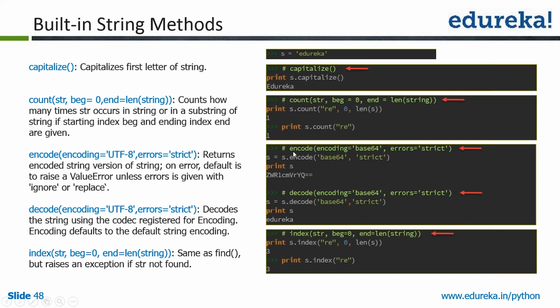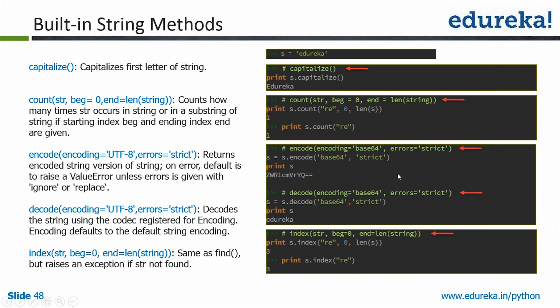So the encode function is the next in line, that helps you encode a string. It is quite simple and quite useful as well when you have the text to be encoded in a specified language or in a specified format.